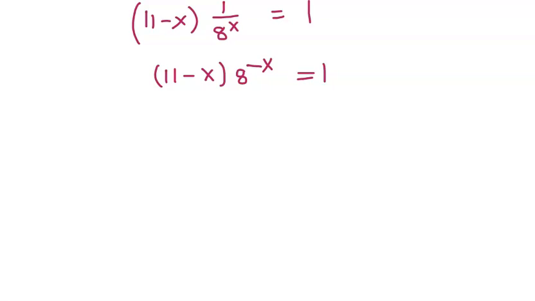Now, in our next step, we're going to make the power of this 8 equal with the expression in the bracket. Remember, we have 8 to the power of negative x. So we need to multiply something, let's call it a number, to both sides of this equation. But the number must have a base 8, right?